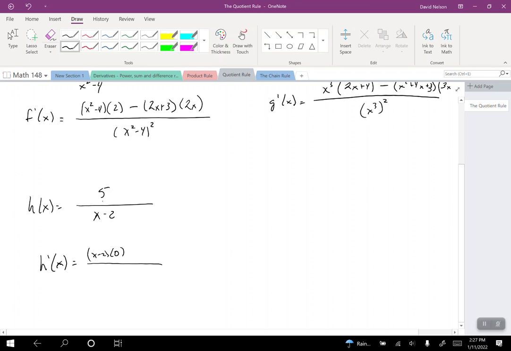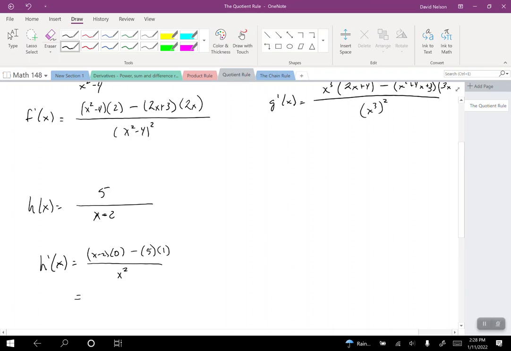The derivative of 5 is just 0, minus the top, which is the 5, times the derivative of the bottom. The derivative of x minus 2 would just be 1. You're going to multiply by 1, and then the exponent drops down to a 0, and x to the 0 power is just 1. So it's just 5 times 1, all over the bottom squared.